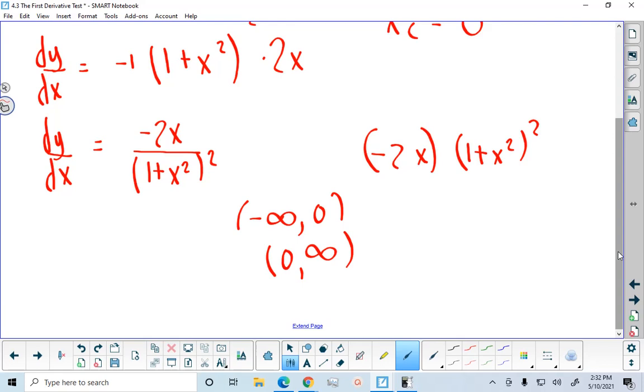Let me write down what would happen if you treated them as two things, and then I'm going to go back to treating them as one. -2 is a constant. It's negative everywhere. X is negative here and positive there. So when you end up multiplying these, -2x is positive, then negative.